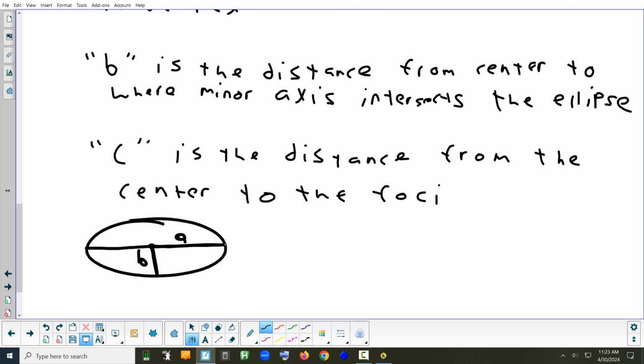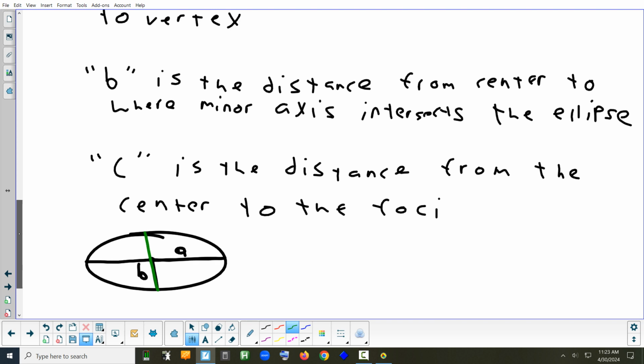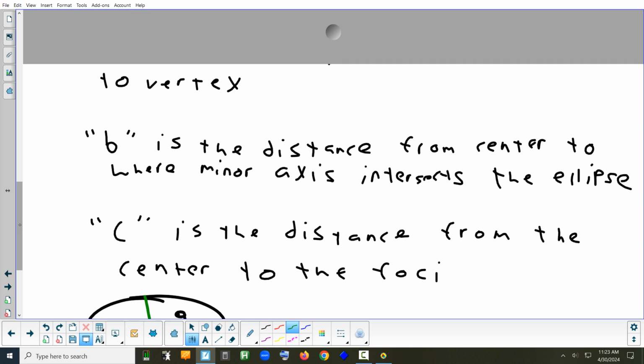Yep. And what if they told you the length of the minor axis was 6? What's B? 3. So they can say things like that when you need to do an ellipse. They can also give you coordinates, and then you have to find the distance yourself. But any question on what A, B, or C represent?